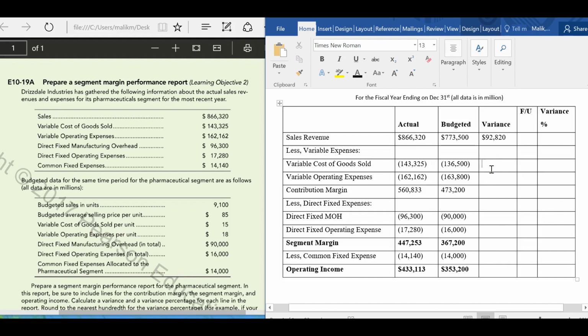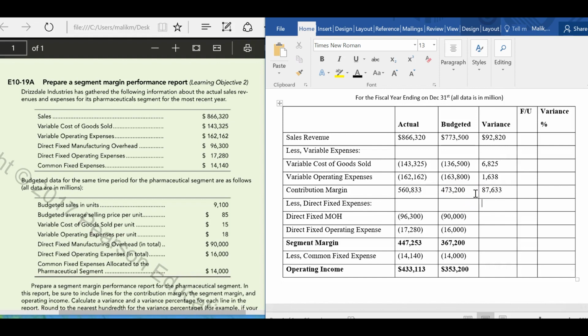For variable cost of goods sold, the difference I found is 6,825. For our variable operating expense, the difference is 1,638. Now, for the contribution margin difference, if you take 568,833 minus 473,200, I found 87,633.